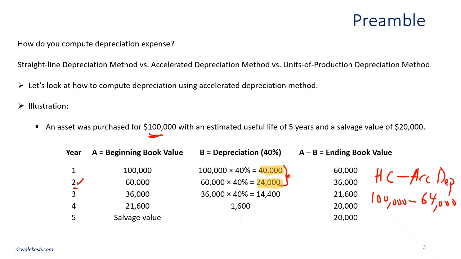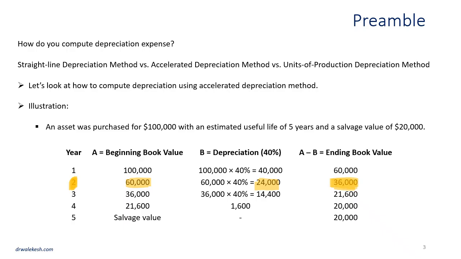So 100,000 minus 64,000 is 36,000. But there's a faster way to compute the ending book value for year 2, and that would be 60,000 minus 24,000, which is 36,000. The 36,000 becomes the beginning book value for year 3.